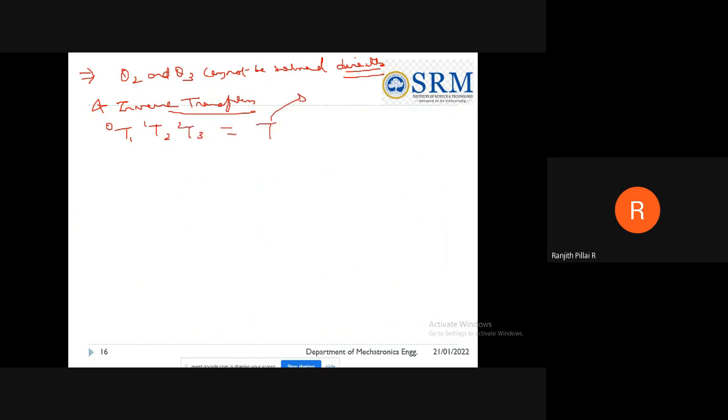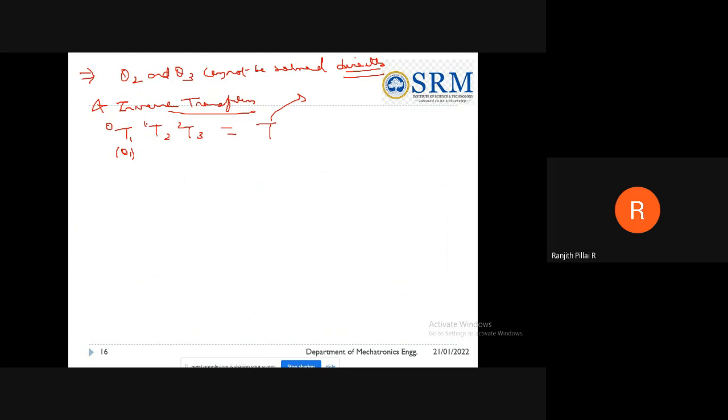T is the transformation which my user has given me. In T1 with respect to 0, I'll have only the joint variable theta 1, because you use the first row of the DH table.